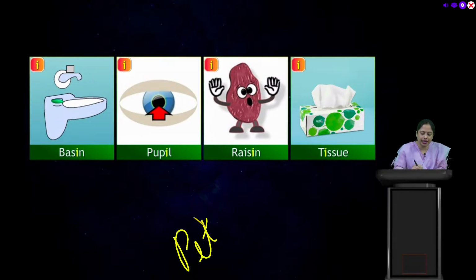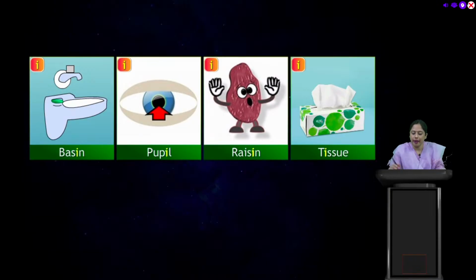So, do you think it sounds similar to this I? Pit, E. It is the quick sound of E here. Pit, pig, bill. But when we say tissue, there's stress in it. Yes, it is the longer E sound. Raisin, pupil, basin. So, this again is a different sound.